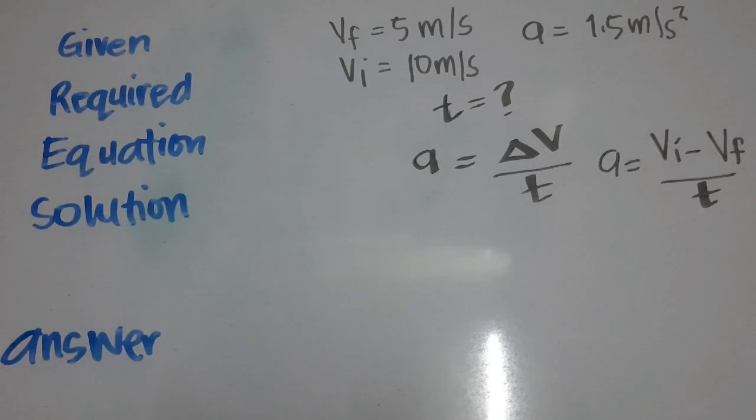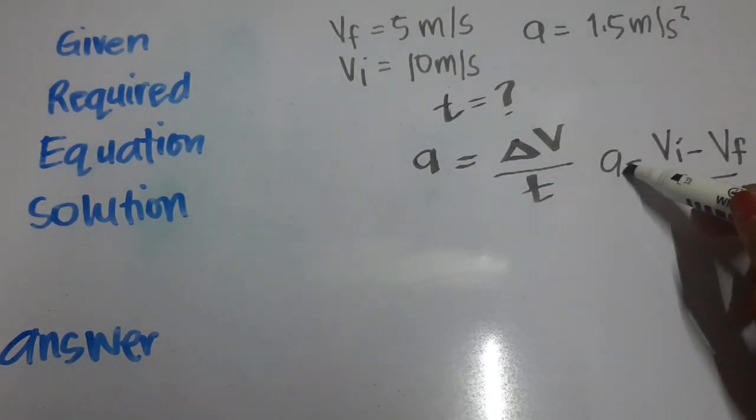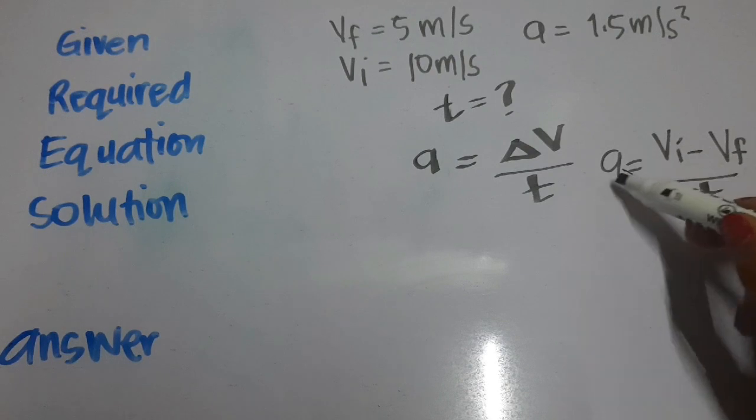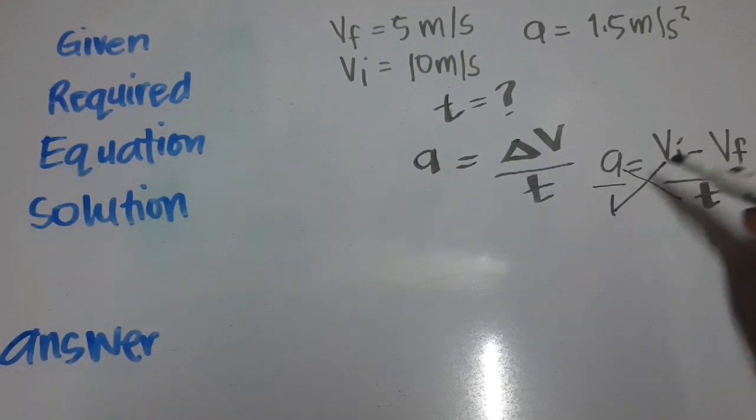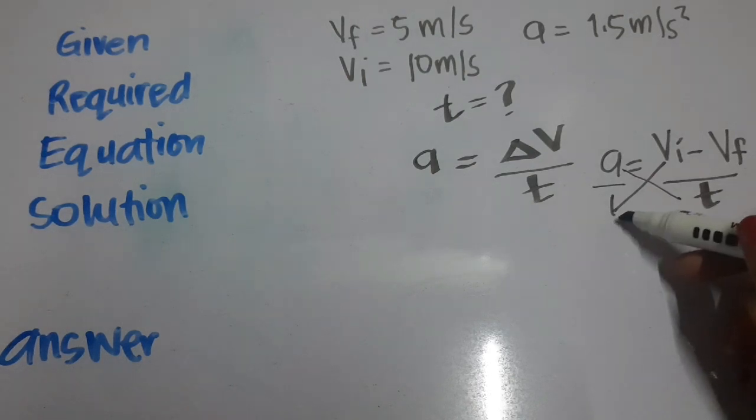As you can see in our given equation, the unknown is acceleration, but our required or unknown is the time. So we need to derive the formula. So how can we derive the formula? We must cross multiply: the acceleration multiplied by time, and then the initial velocity minus the final velocity multiplied by 1.